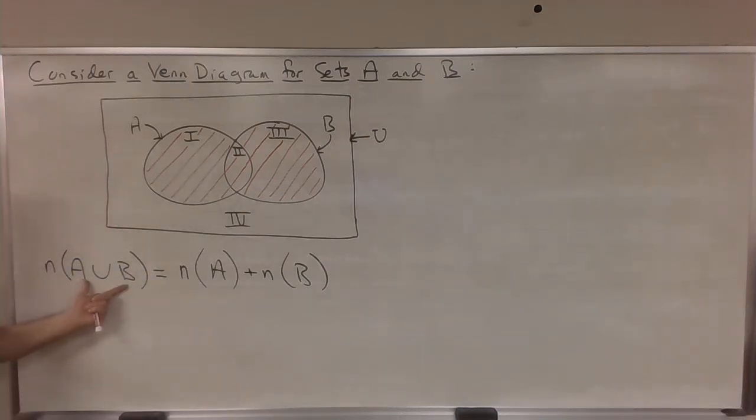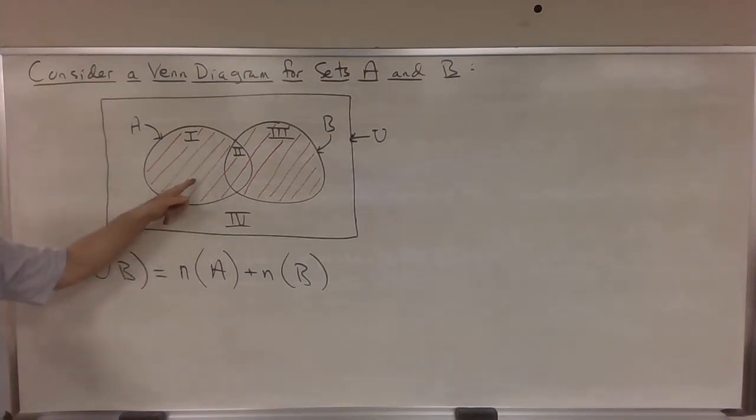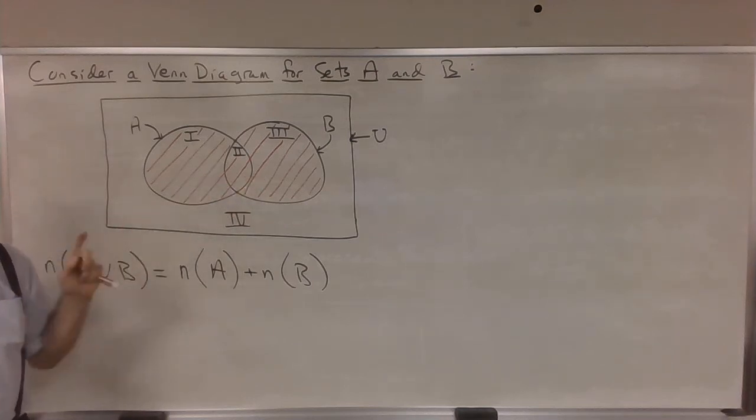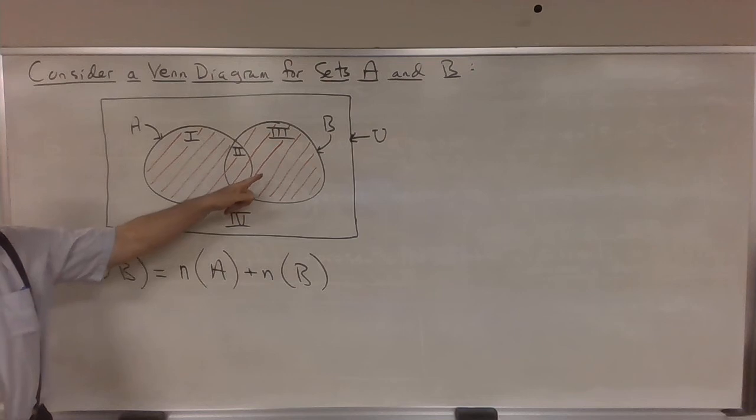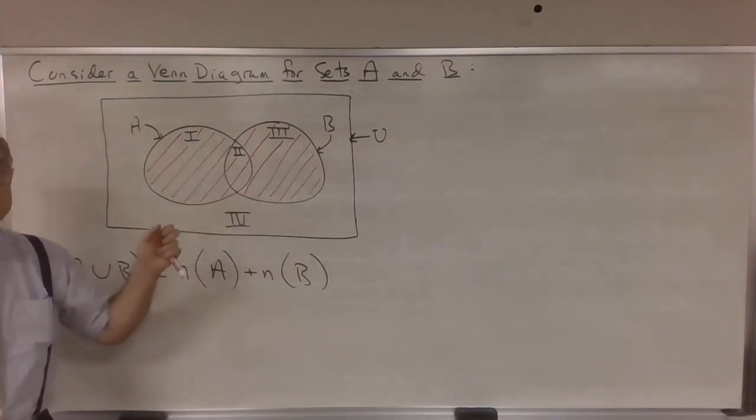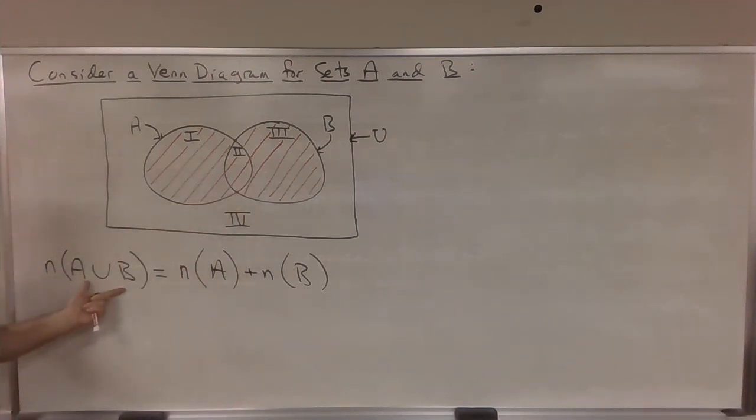Because A union B is the set of all elements that are in set A or set B. So take all of the elements in set A and all of the elements in set B and put them together. We have A union B.